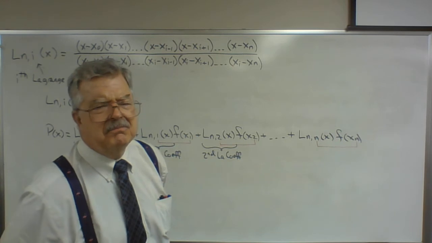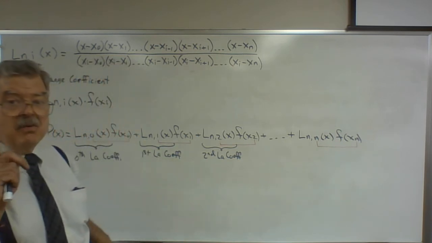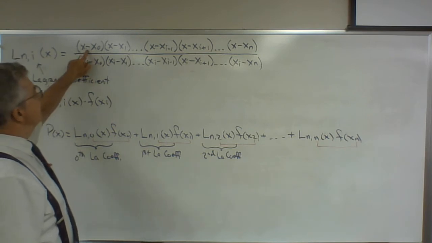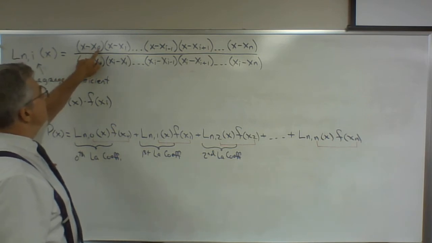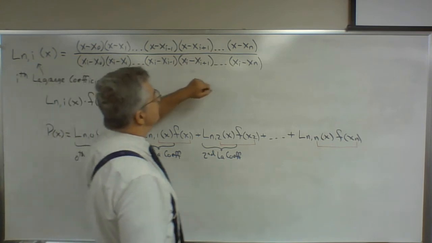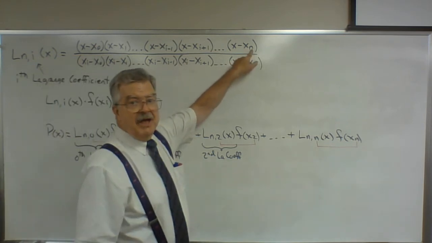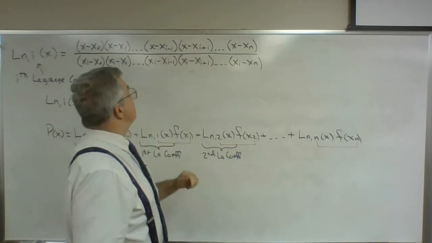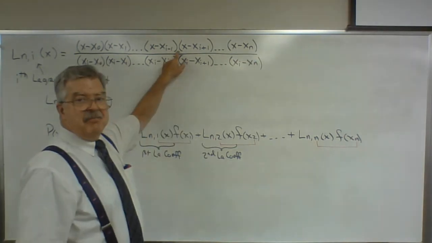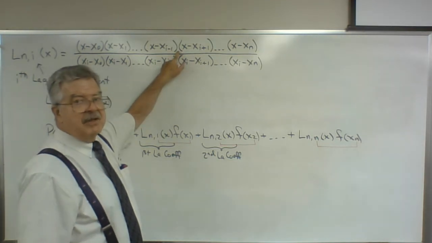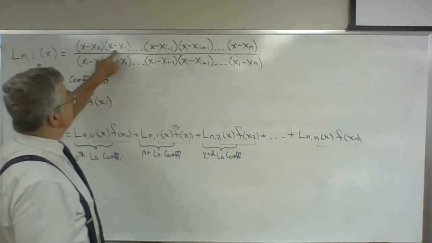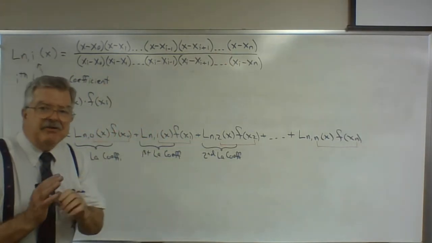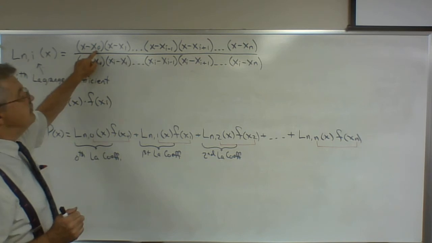Well, what's that about? Note well, how many of these factors do we have up top? We go from x0, x1, and so forth, all the way to xn. And that would be n plus 1 factors, except we're missing x minus xi here. So we have n factors up here. And notice, each factor is of the form x minus a constant.